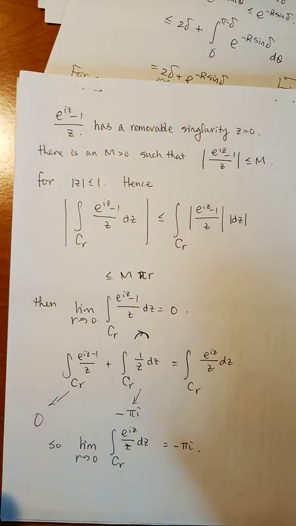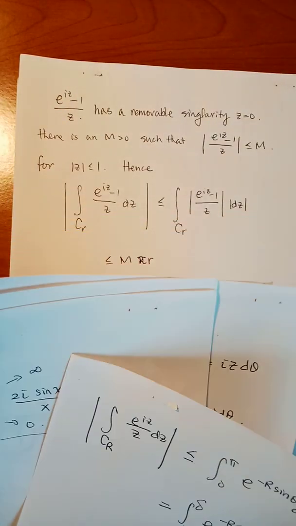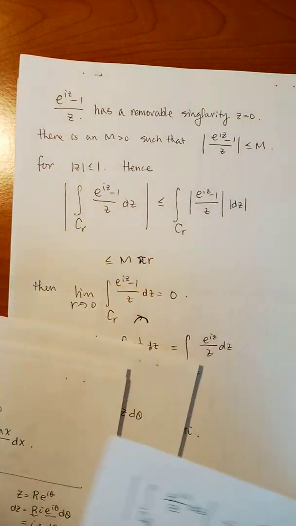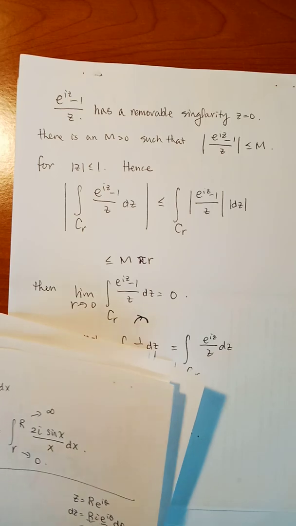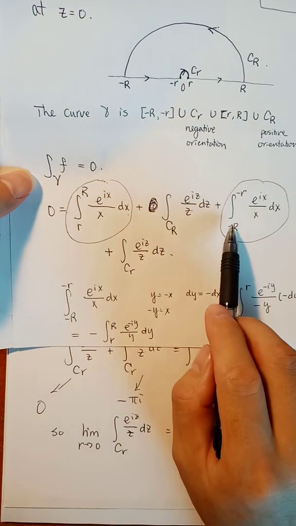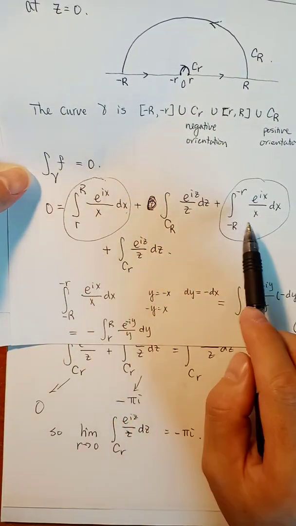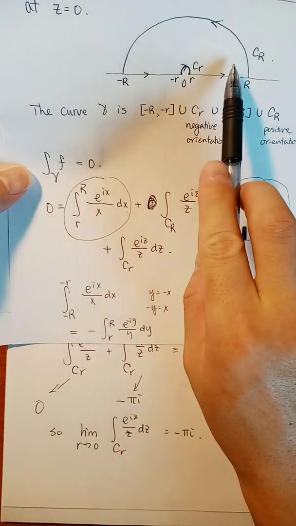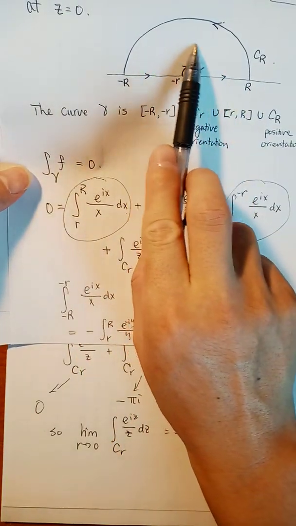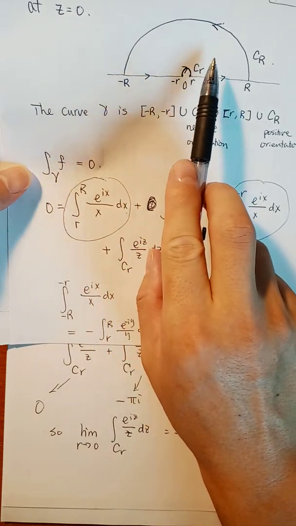Okay, so what do we have? Let's summarize what we have. We spent a long time. We have 4 terms. The sum of those 4 terms is equal to 0, because this closed rectifiable curve includes no poles.